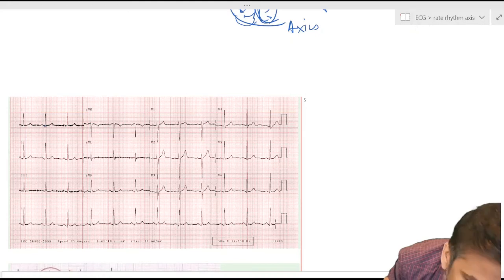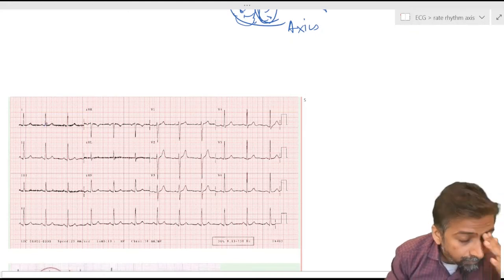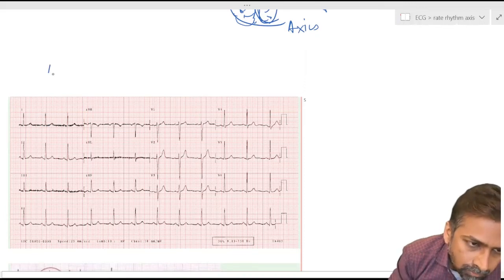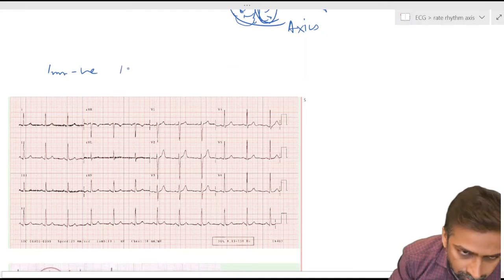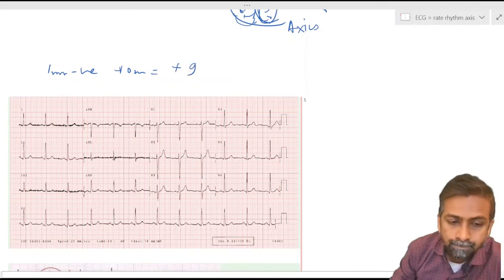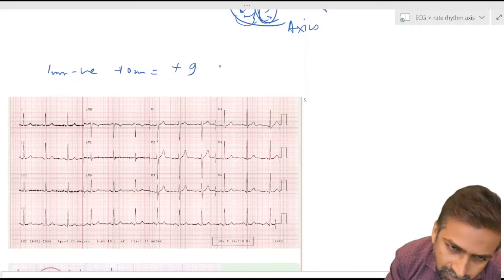Let's say it is 1 mm, just for the sake of it. 1 mm negative, and how many millimeters positive? Around 10. So here 1 mm negative and 10 mm positive. So what is the resultant deflection? Positive 9. Or you can say the resultant deflection is just positive.